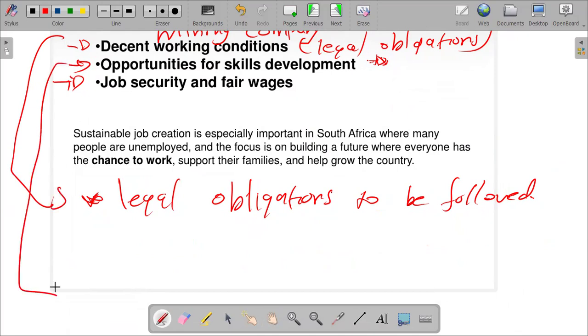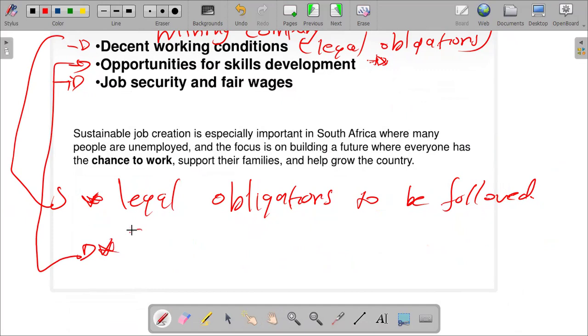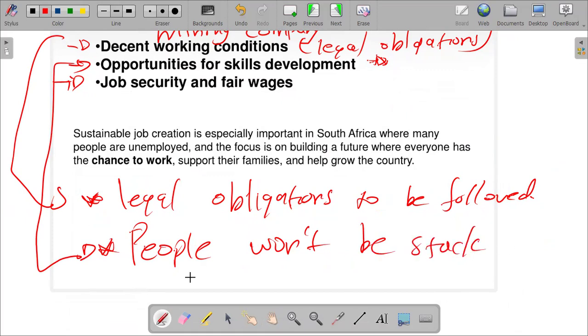And then number two, when we talk about opportunities for skills development, right? People won't be stuck underground, meaning there will be people who will now be improved.